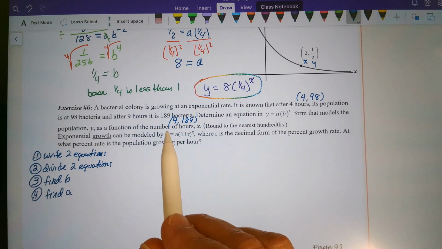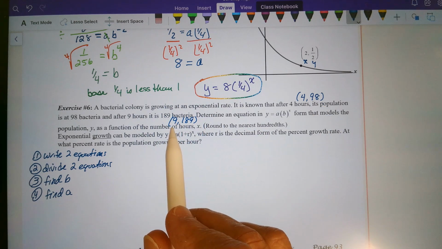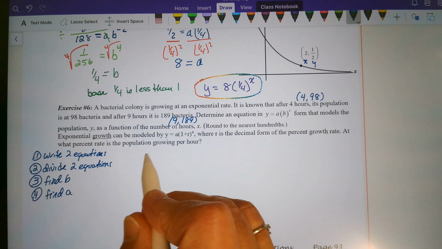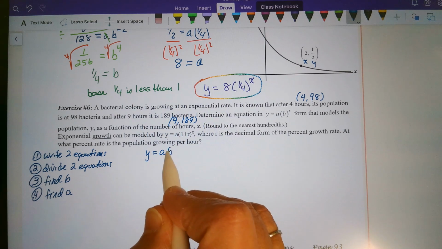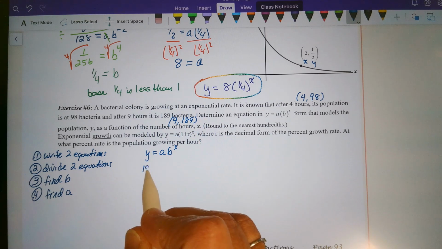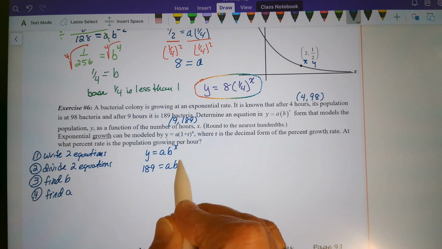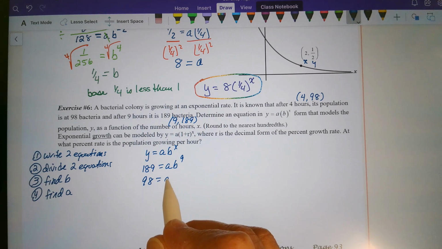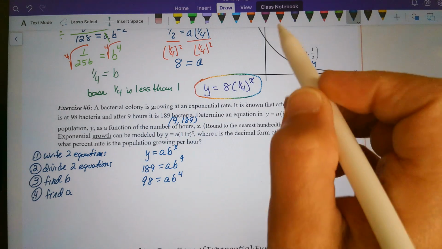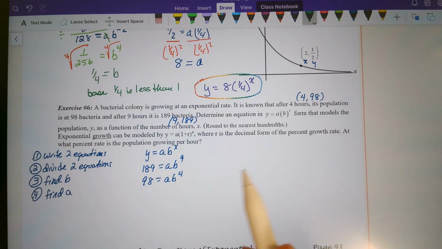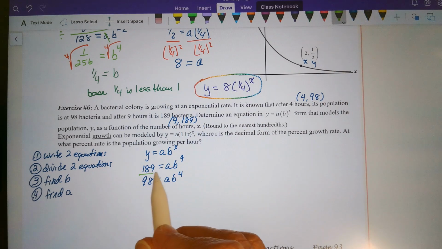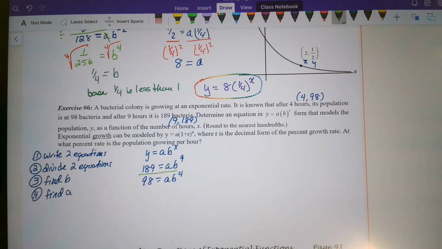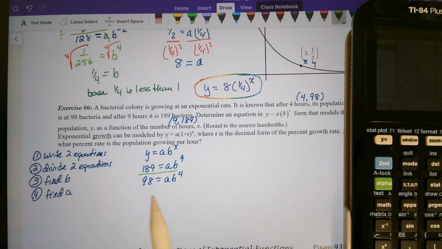Okay, so again, I will start with the point that has the larger x, the larger input value. Y equals AB to the x. 189 equals AB to the 9th. And 98 equals AB to the 4th. Now divide the two equations. Division line, 189 divided by 98.